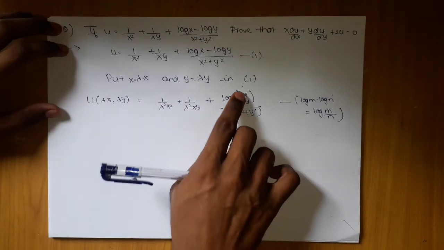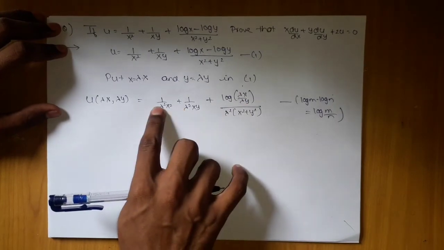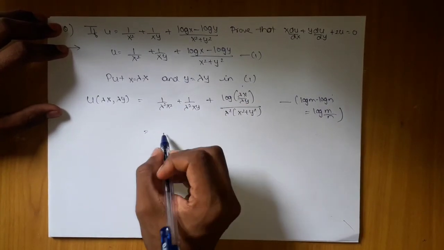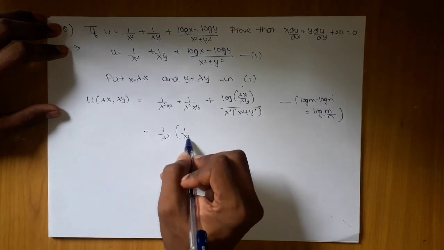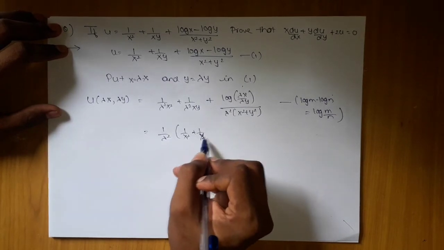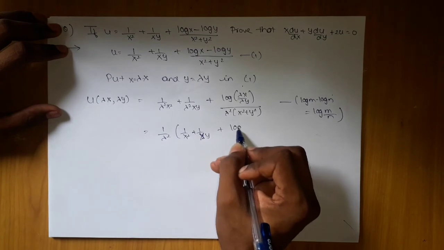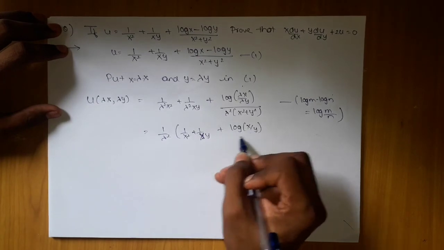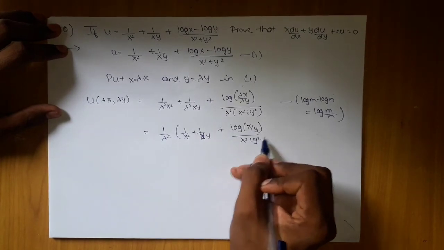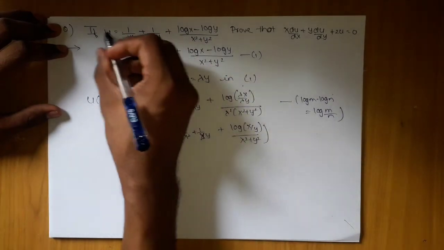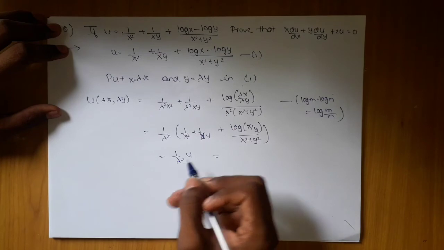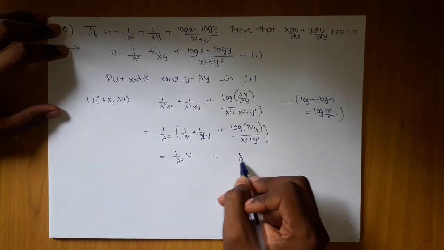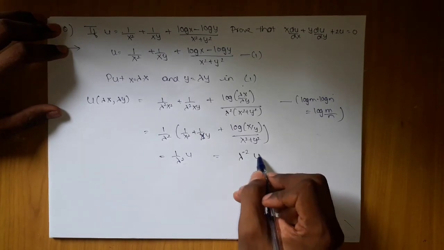Here the lambda inside the log will cancel out, and lambda square will come outside. So finally we get 1 by lambda square times 1 by x square plus 1 by xy plus log x by y by x square plus y square. This is nothing but u, so I can replace it by u. Now if I take lambda up to the numerator, it will become lambda power minus 2 into u.